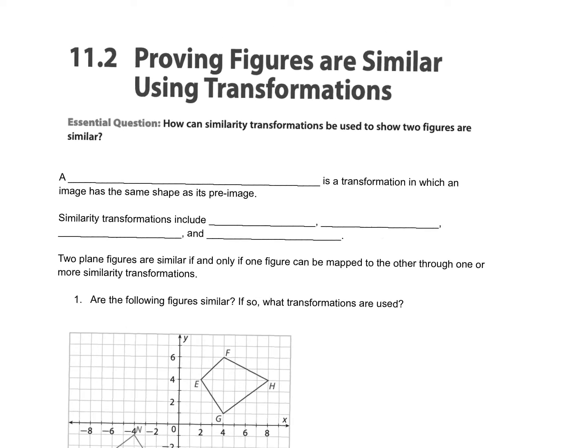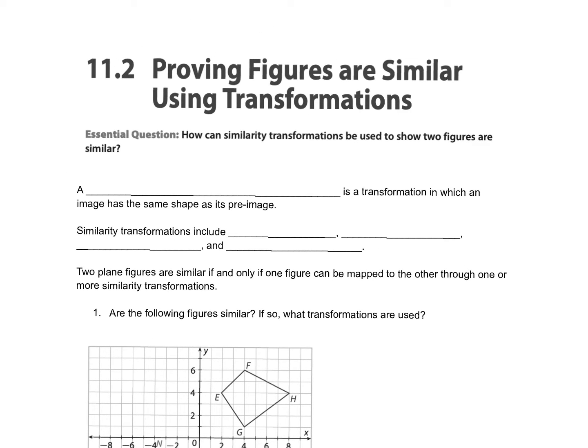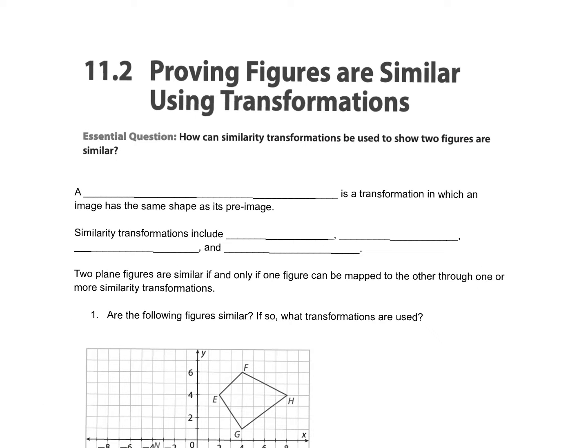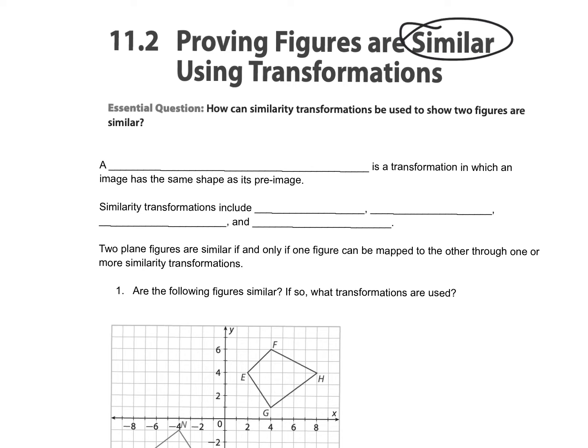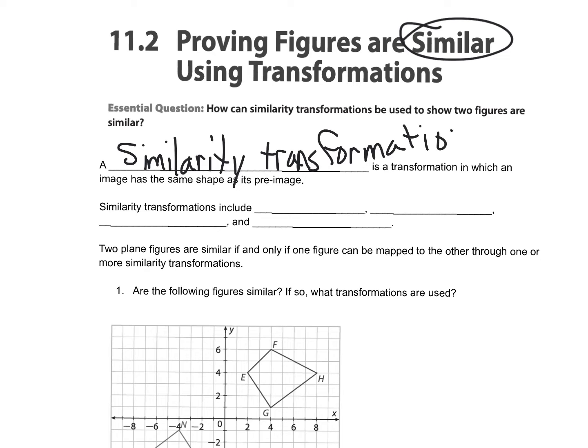Okay, so 11.2 is proving figures are similar, not congruent, just similar, using transformations. A similarity transformation is a transformation in which an image has the same shape as its preimage.